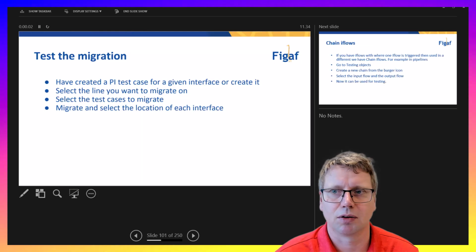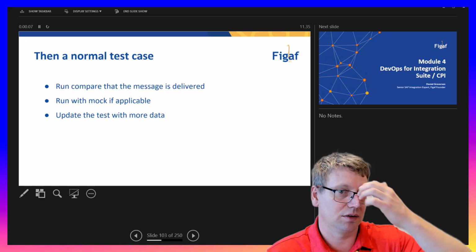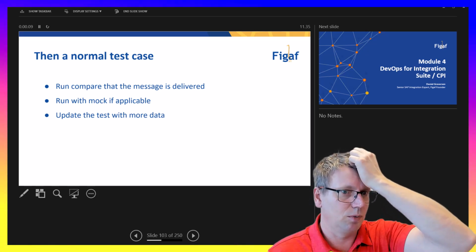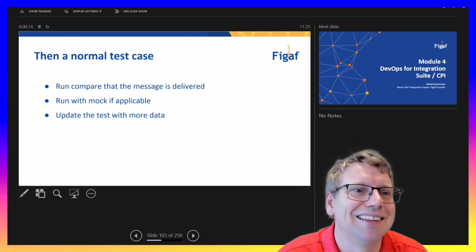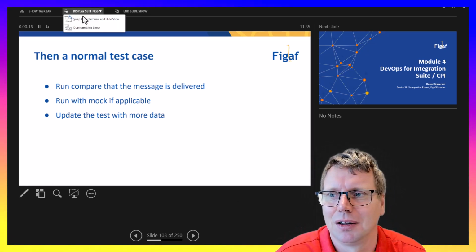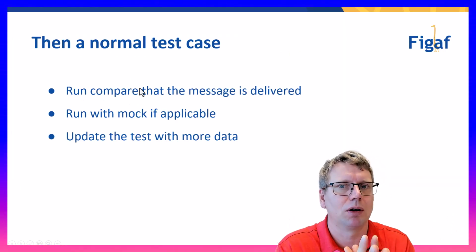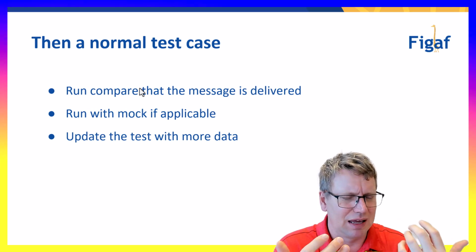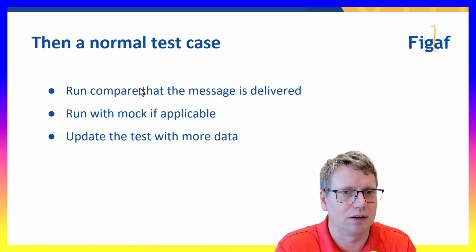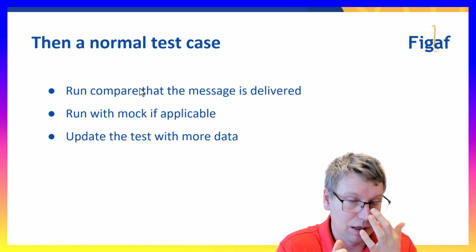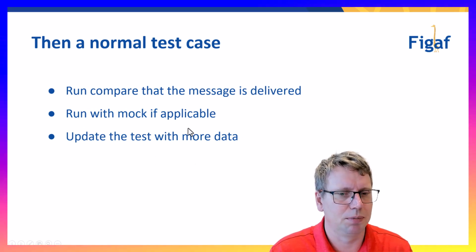So testing the migrated iFlows, we have the chains that we covered. Normal test case, we do have mocking capabilities. So obviously, if you have mocking, and if you have recorded both input and output messages, that would be a way to handle such scenarios.